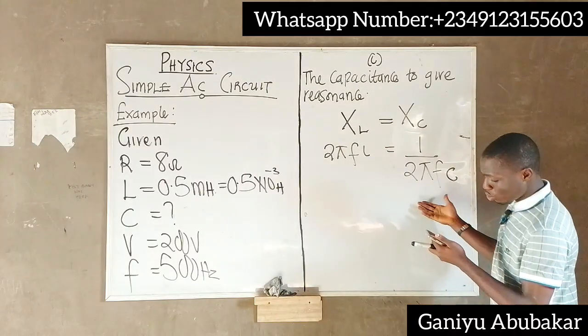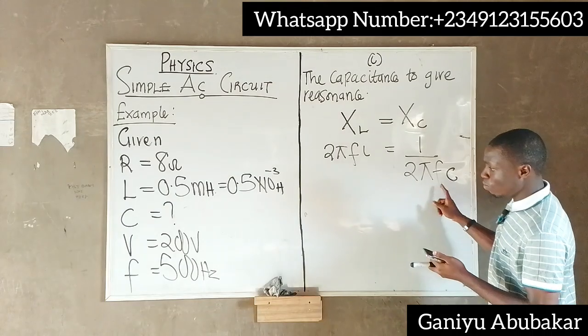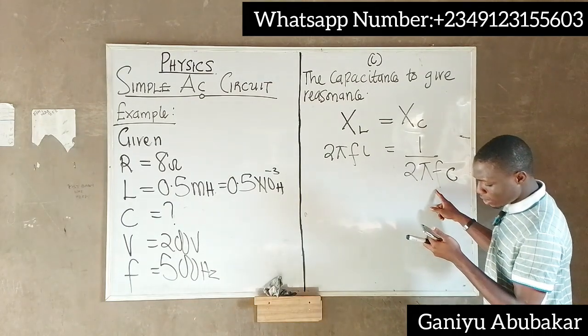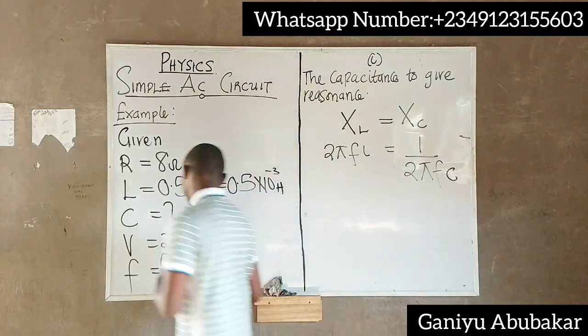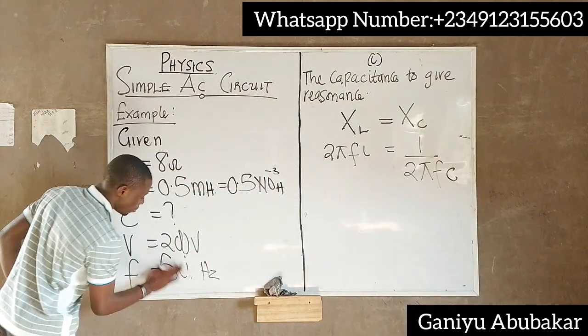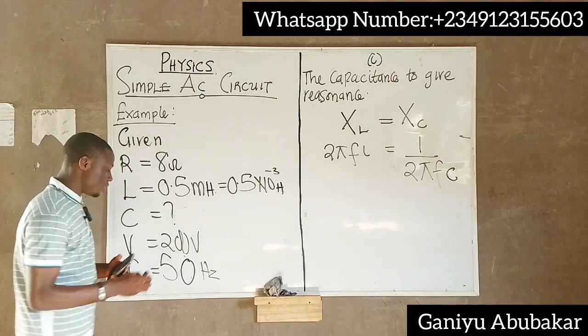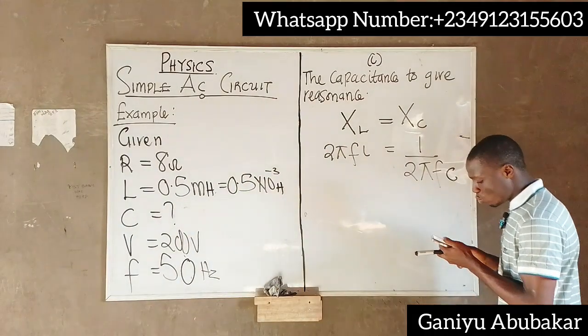The task now is just substituting. Please, F is 50, the frequency is 50 Hz. So I have 50 as F. Put in your values, what do you get?